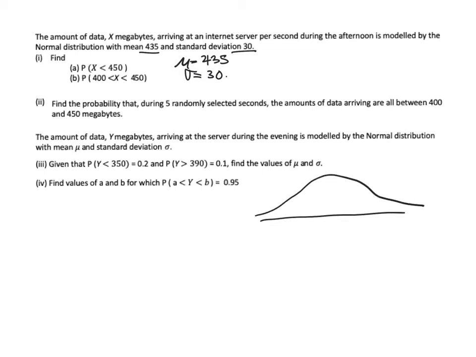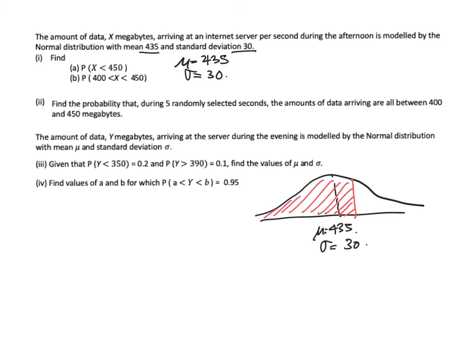Since mu is 435, that's in the middle, and 450 should be a bit away from 435, maybe somewhere here. This is just a rough sketch for our understanding.